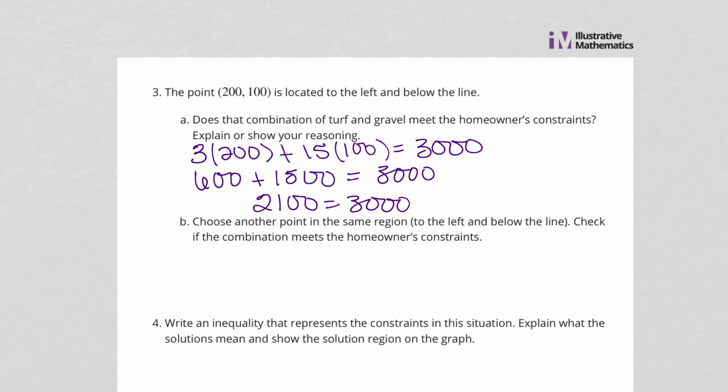It's not. But does it meet the homeowner's constraint? Is it within their budget of $3,000? Yes, because it is less than 3,000.